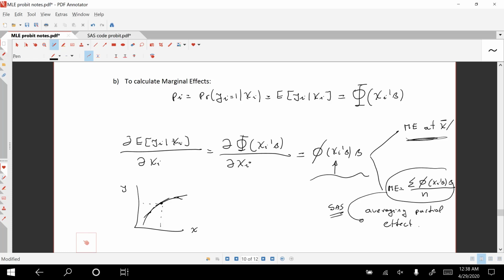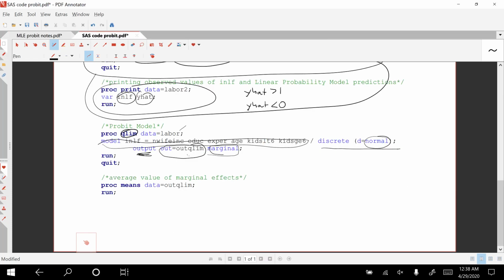Okay, so this is what we do here. In terms of coding, that's what I was telling you. If you have this PROC QLIM, you request the marginals, and you save that in this file. And what I'm doing here is I'm calculating the means of that file where I store all the marginal effects.